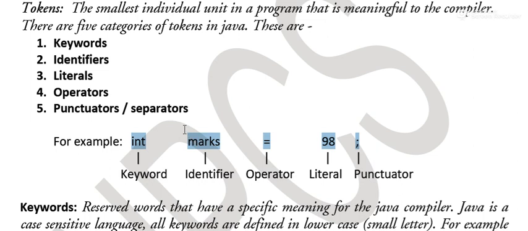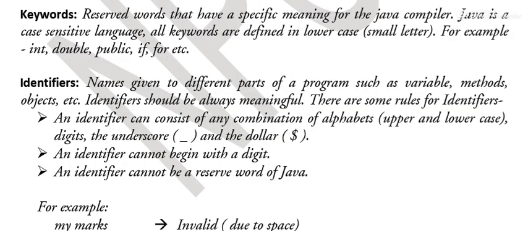Marks is an identifier because it is used to identify, or it is the name of variable. Equals to is operator. 98 is a value, so it is literal, and semicolon is the mark of termination, so it is known as punctuators. In Java, all reserved words or keywords are defined in lowercase or small letter.